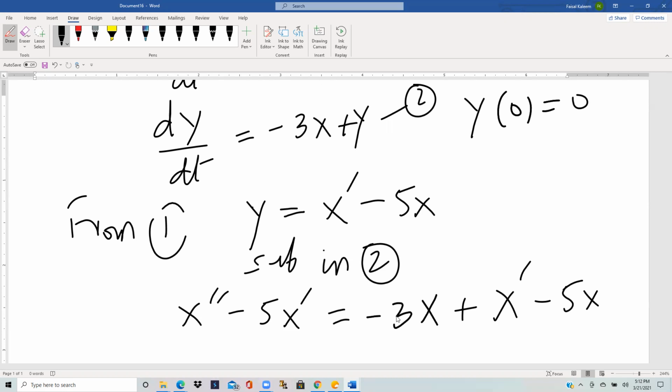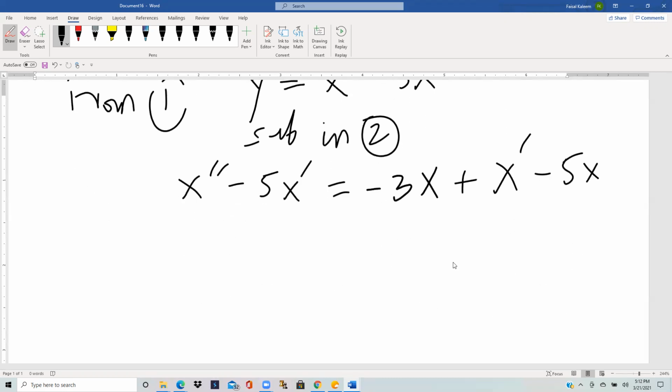Okay, so now we'll bring everything on the left side. So you get x double prime minus 5x prime, and this gets subtracted minus x prime, so it'll be minus 6x prime. And minus 3x minus 5x is minus 8x, so it comes on the left, so plus 8x is equal to 0.